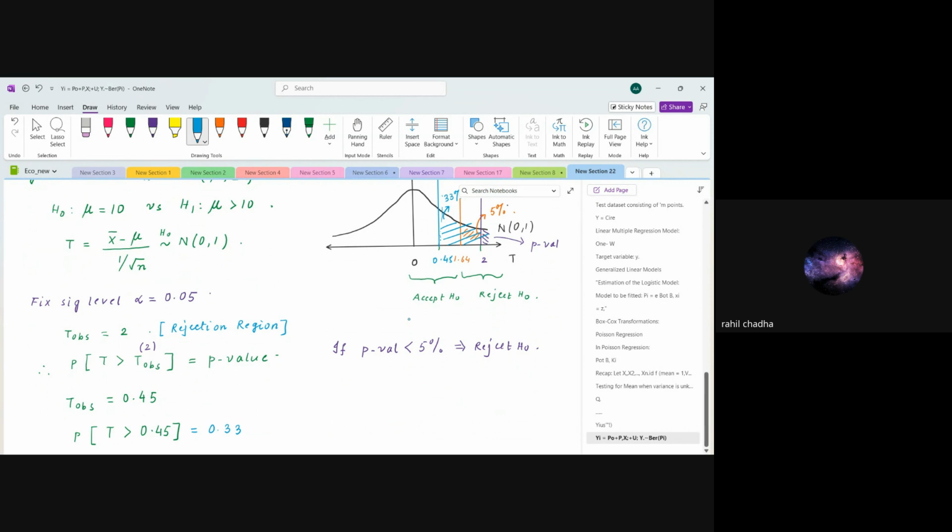But sir, if there's a 33% chance, that's a higher chance, then shouldn't we accept it? Not rejecting means accepting H naught. Sorry, that means we should reject it.